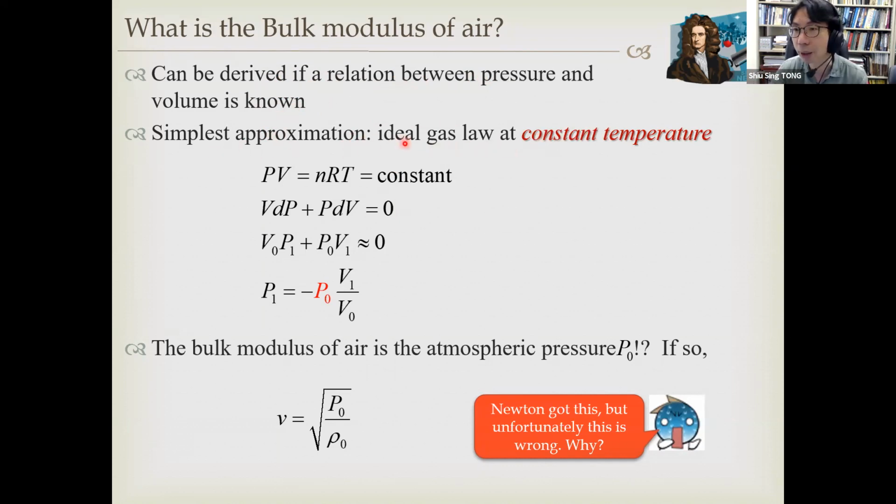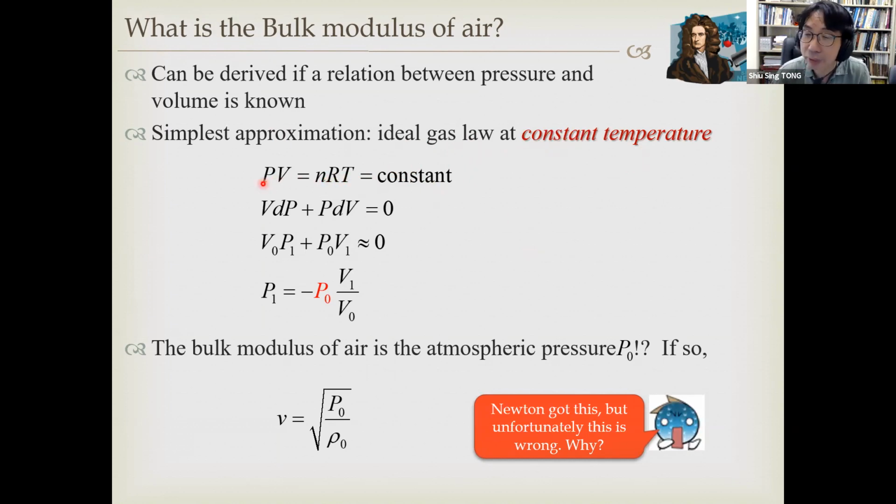Now, the simplest approximation, by Newton 300 years ago, was that when the air is compressed or rarefied, the changes happen at constant temperature. So the temperature doesn't change. The simplest approximation to a gas at constant temperature is the so-called ideal gas law.